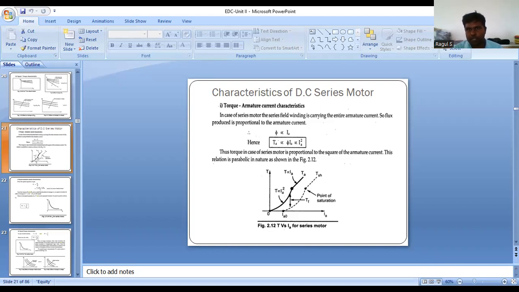When the load increases, the speed decreases. On no load condition, torque is very low, so the speed increases to a dangerously high value. That happens only in a DC series motor.